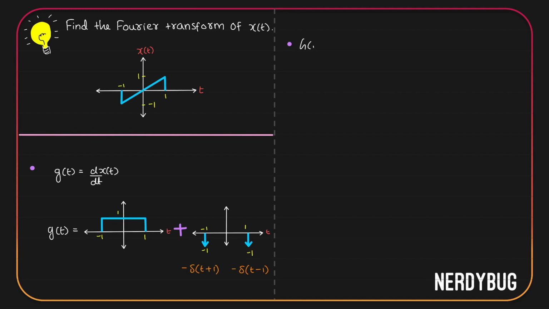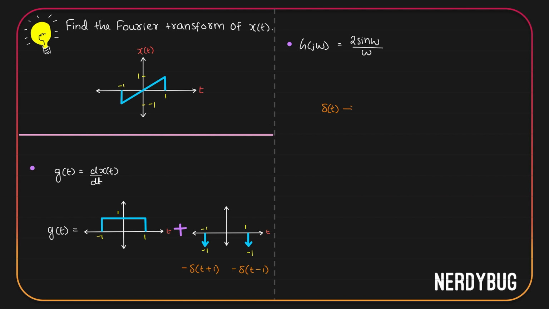Now we want to find out g of j omega. The first part of g of t is a rectangular function. And we have already found that its Fourier transform is of the form 2 sine omega t1 divided by omega. Here t1 is 1, so it will simply become 2 sine omega divided by omega. To this, we have to add the Fourier transform of minus delta of t plus 1.